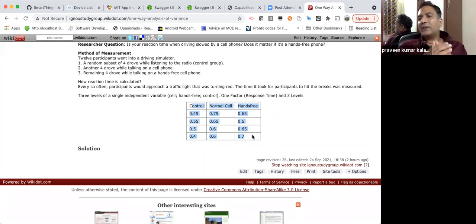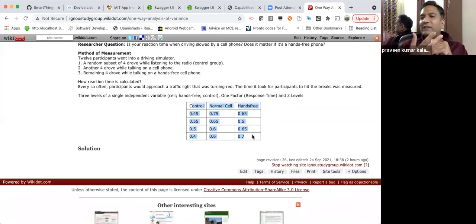Now the question comes, how are you going to measure their driving? If somebody is more attentive, then they are driving better. So what I would take is the response time of an individual when he is approaching the signal. If he applies the brake quickly when he sees the red light, then he is more responsive. The person who is a little confused and takes more time to apply the brake is less responsive, right?